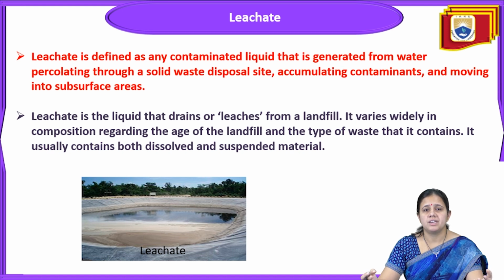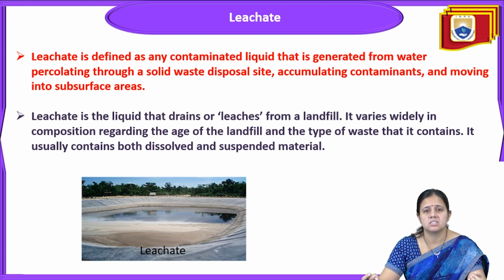First of all, we'll understand the basics of leachate. What is leachate and how can it be defined? Leachate is a kind of contaminant generated by the percolation of liquid from the solid waste in landfill sites. From the landfill site, many types of waste will be there.